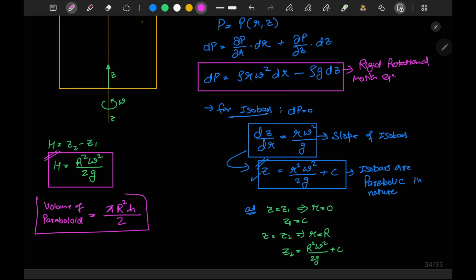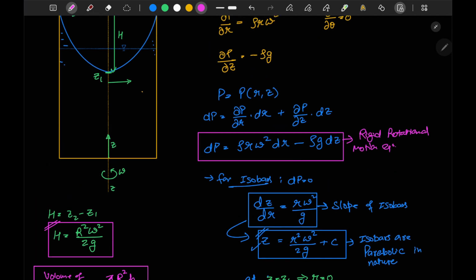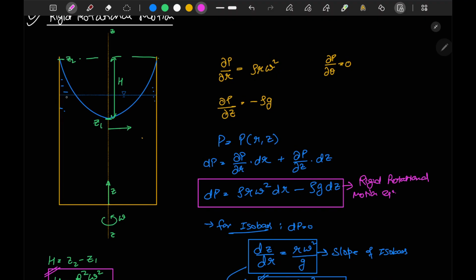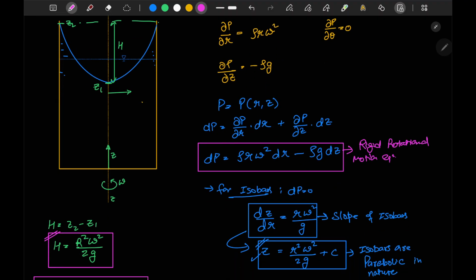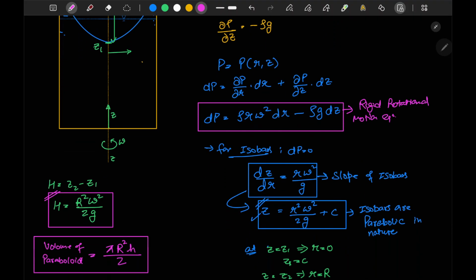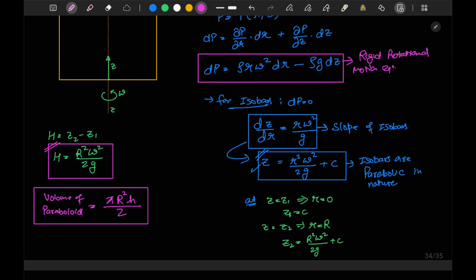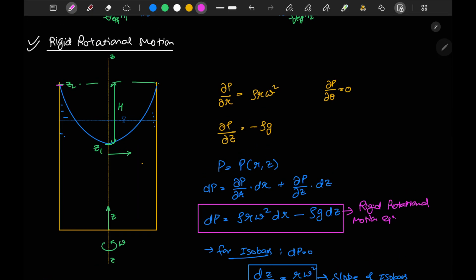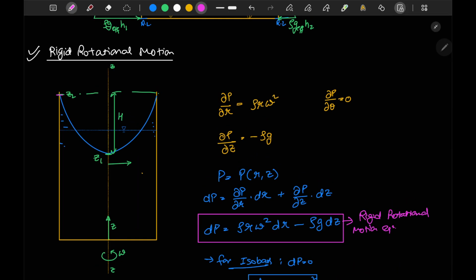If you have to apply volume conservation, the initial volume will be a cylinder only. For final volume we will consider the height of the cylinder up to z2 minus the volume of this paraboloid. So from here we can calculate the required dimension.